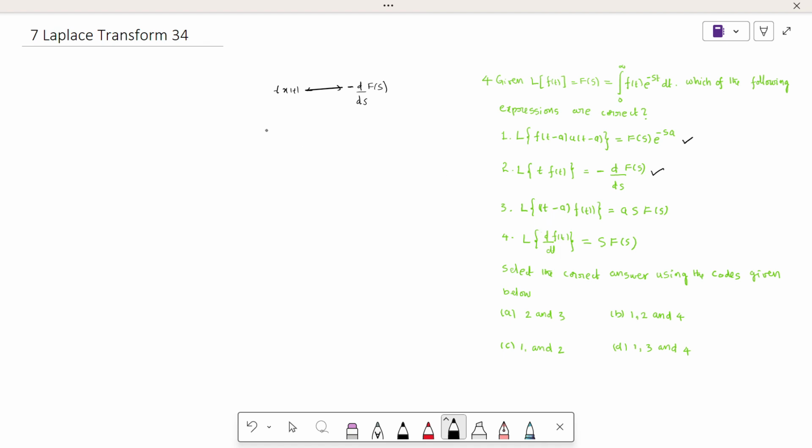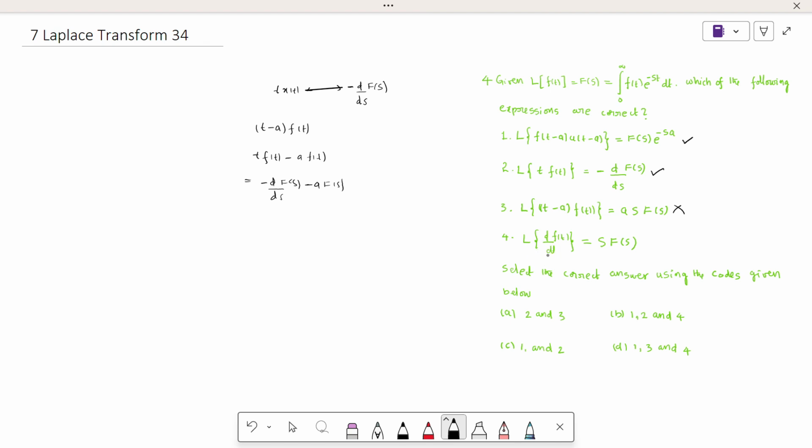And t minus a into f of t. So it's a Laplace transform. Before writing t into f of t minus a into f of t, its Laplace transform equals t into f of t, so this is minus d by ds F of s minus a into F of s. So this is wrong.